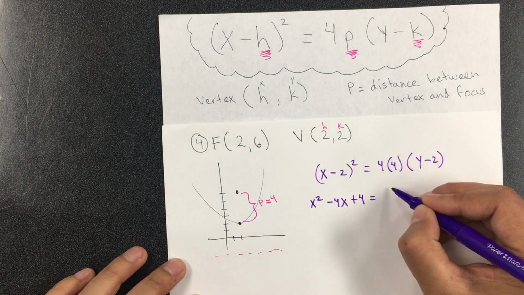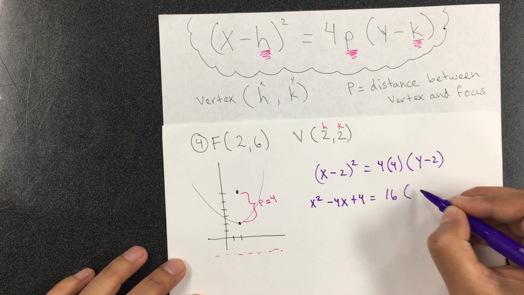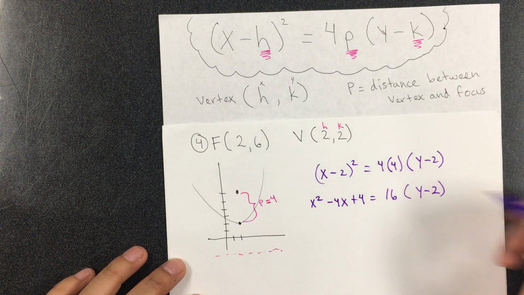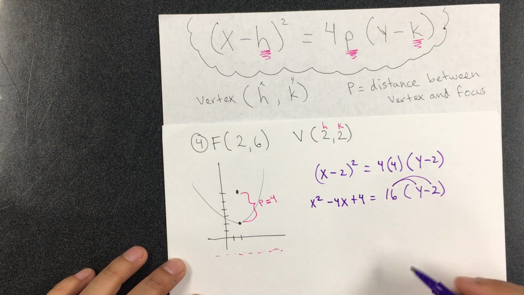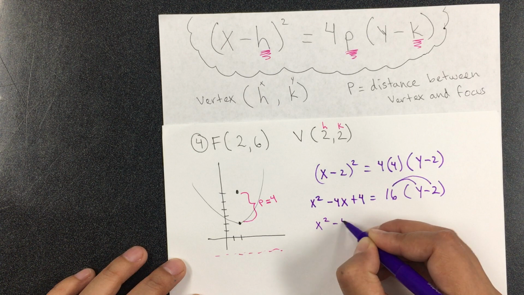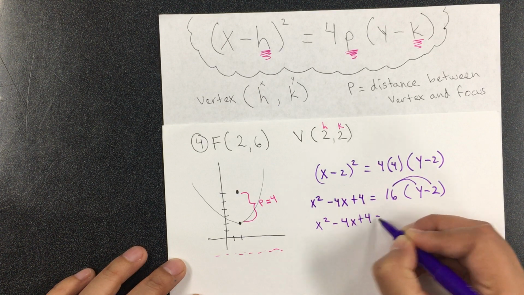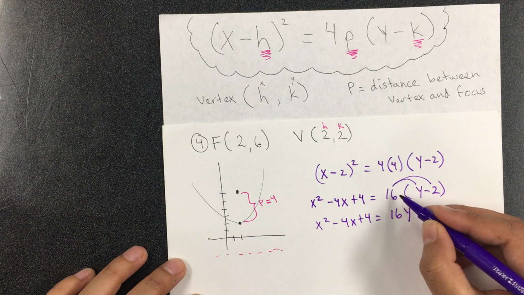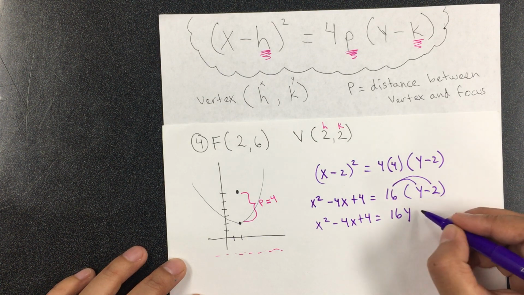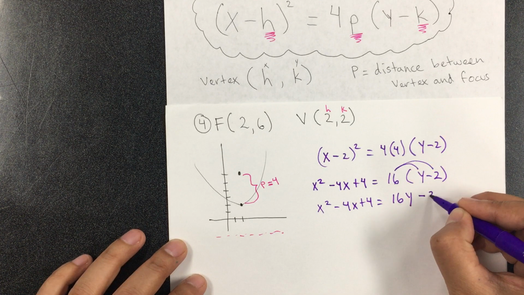On the other side, 4 times 4 is 16, times (y minus 2), you just bring that down. After that, we do the distributive property. Bring this down the same way, but here 16 times y is 16y, and 16 times -2 is -32.